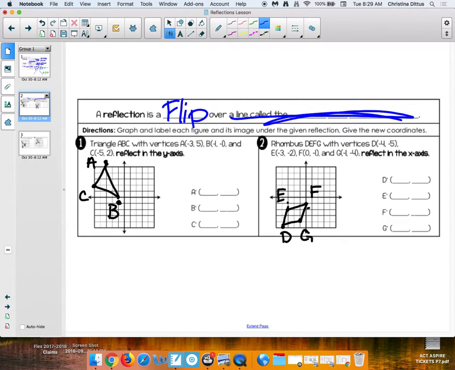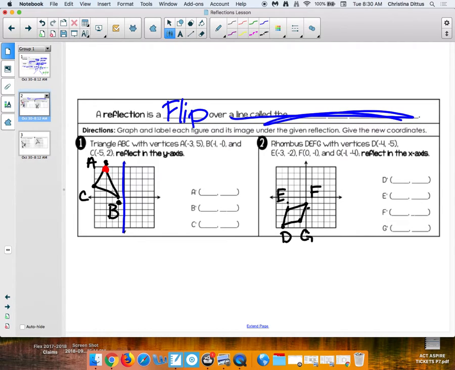Okay, so if I look at number 1, and I have this triangle here, I'm going to reflect it in the y-axis. So that's this line right here, my y-axis. I need to be the same distance from that line, okay? So A is right here.